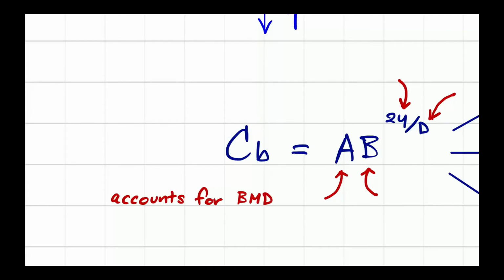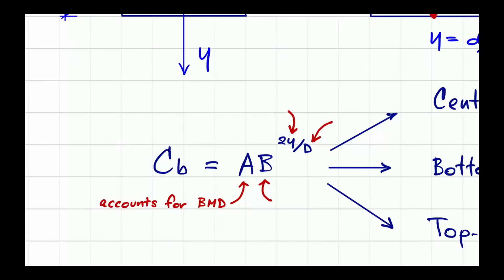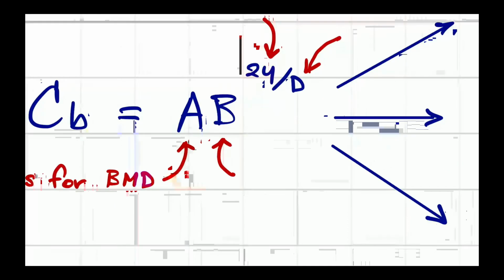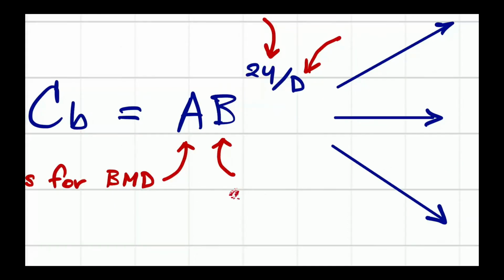If the location is 0, then only A exists, so that accounts for the BMD. The B accounts for the location.